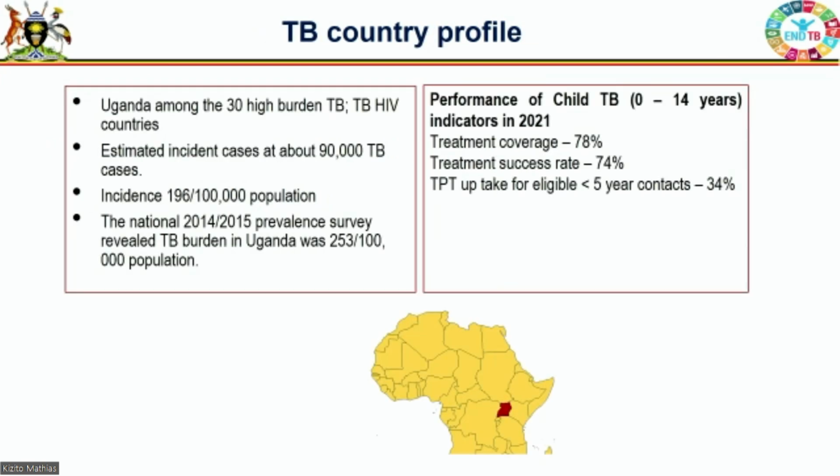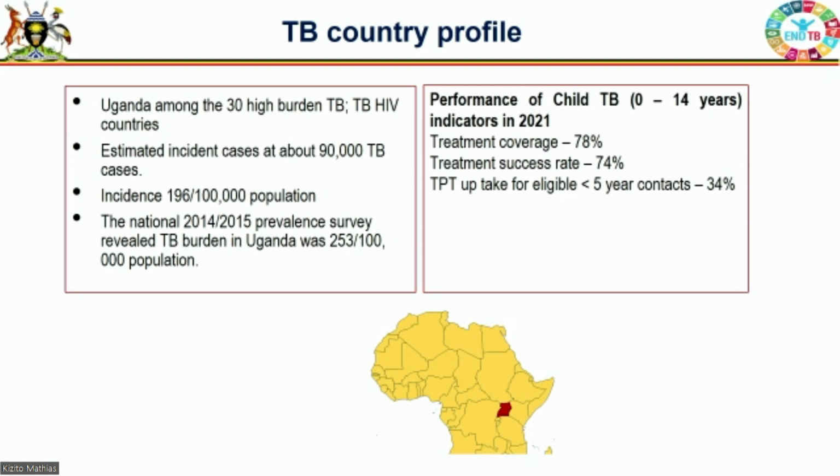I thought that we would start off by looking at the country profile, and I'll focus particularly on the section that includes the child TB indicators. This is data for 2021 as extracted from the Global TB Report. And the performance was lower by the time the project was implemented.